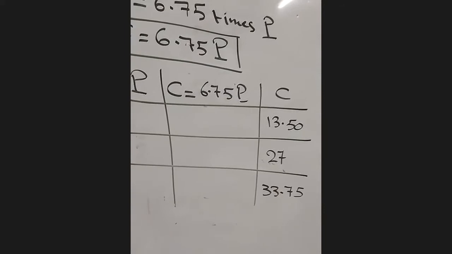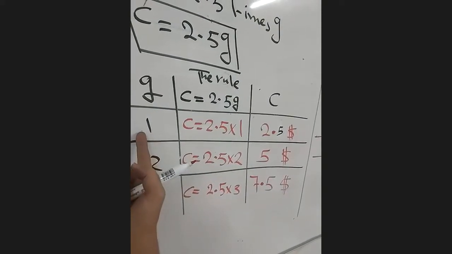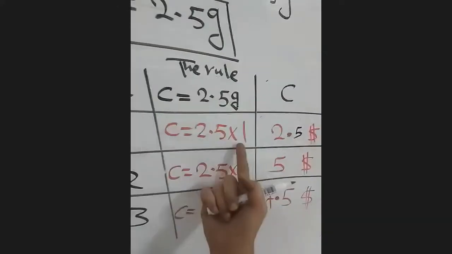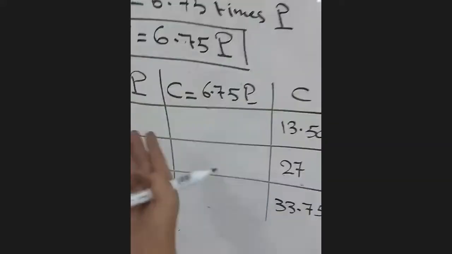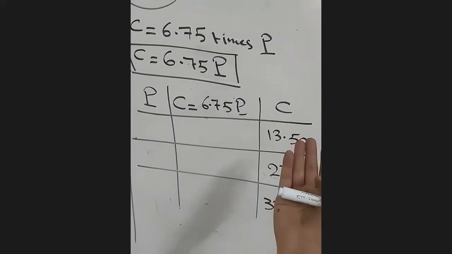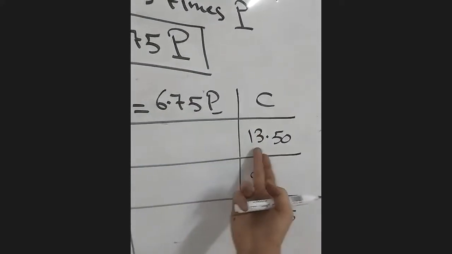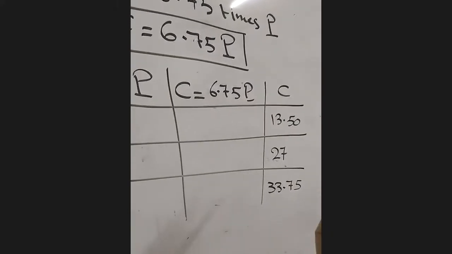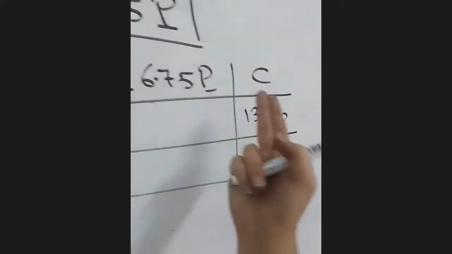C. So here the given was what with Badr? G. So I replaced G by its value, right? Yes. Here, what's the given, P or C? C. So I will replace C by the given. Is this difficult? No. Replace C by the given value.